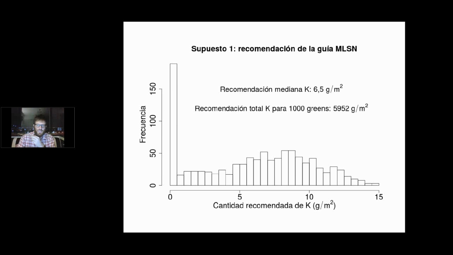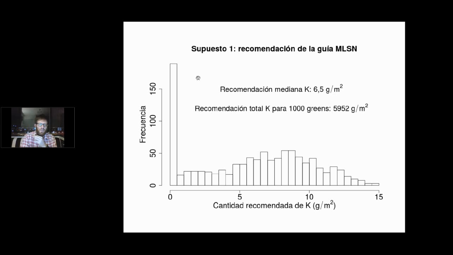And here's the result of what happens when we calculate the fertilizer requirement using the MLSN guideline on those soils. I want you really to pay attention to the median recommendation. Of those 1,000 greens, the median recommendation for potassium is 6.5 grams per square meter.